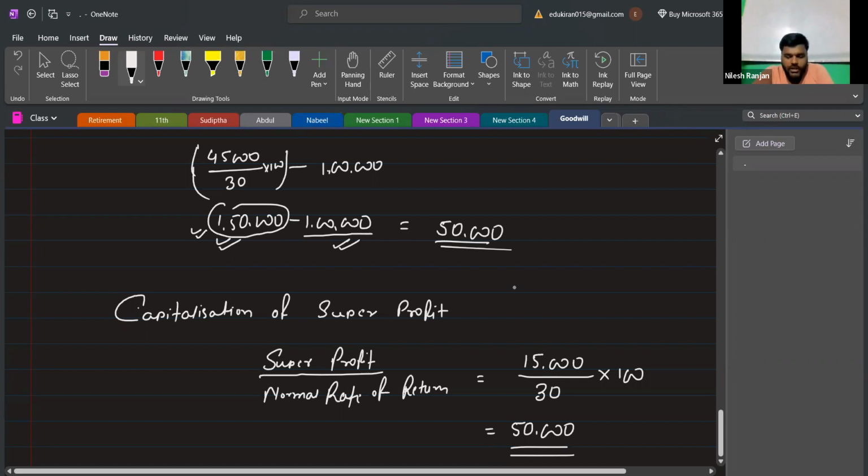So don't be confused in these types of questions. If a multiple choice question is given, then the answer will be given to you. And by any of these methods, you can calculate goodwill by capitalization. So if you remember only one formula, it is enough to calculate the answer.